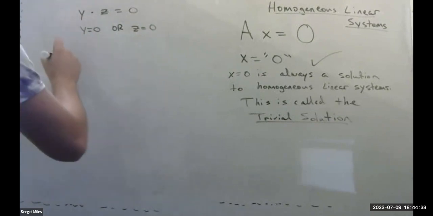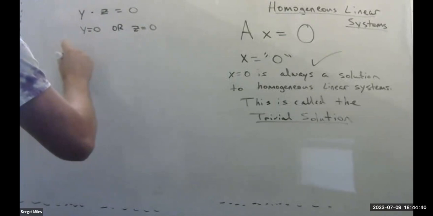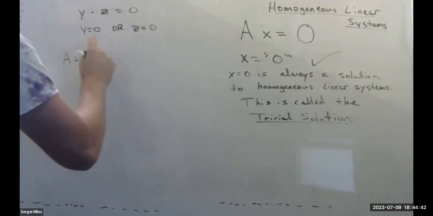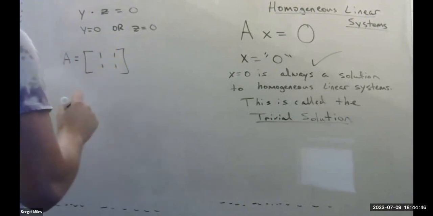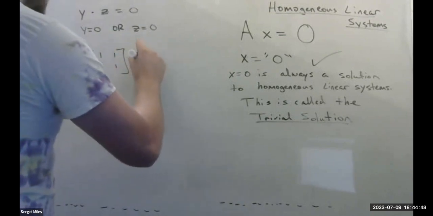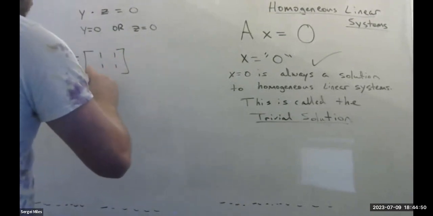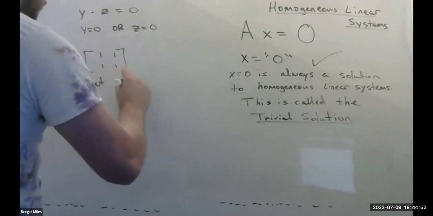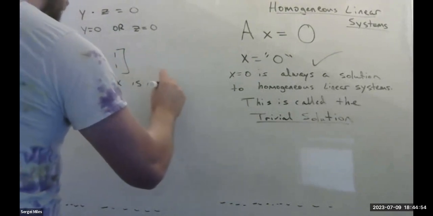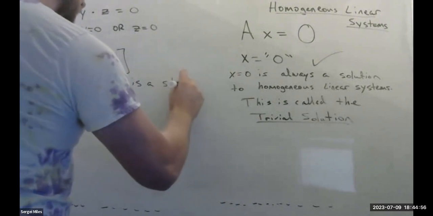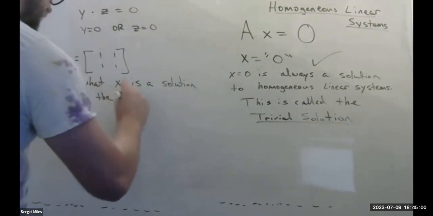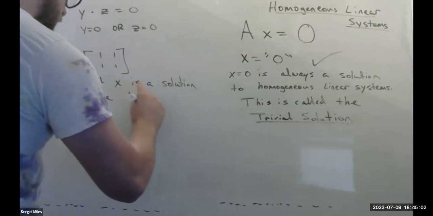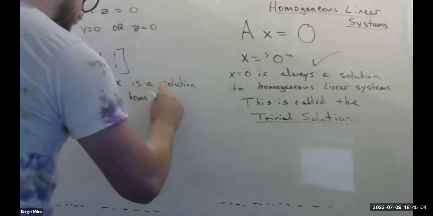We're going to see we can get other answers. For example, consider when A is the matrix 1, 1, 1, 1, and we want to know what x is a solution to the homogeneous system.